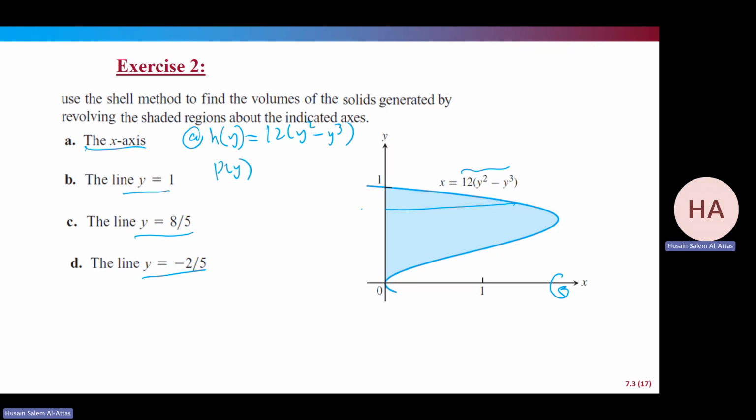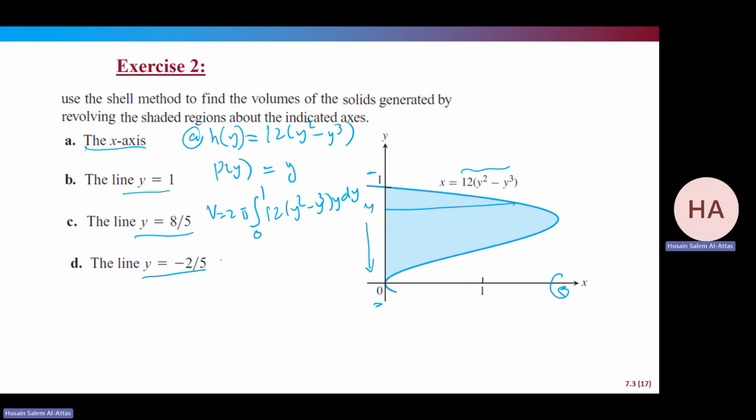If this is y, what's the distance to the axis of revolution? It will be y. So the volume will be 2 pi, from the y values 0 to 1, y times this, y dy. That will be just what?